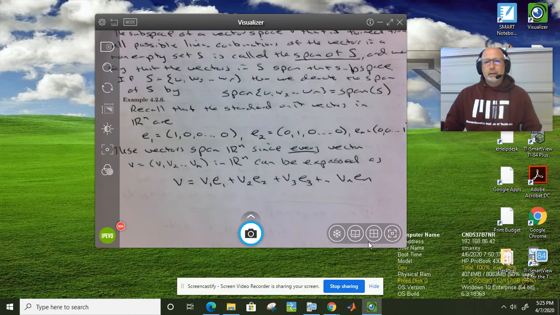So every single vector that's in that space can be constructed off of those standard unit vectors.